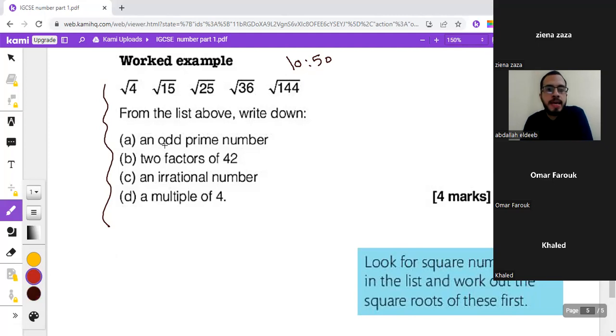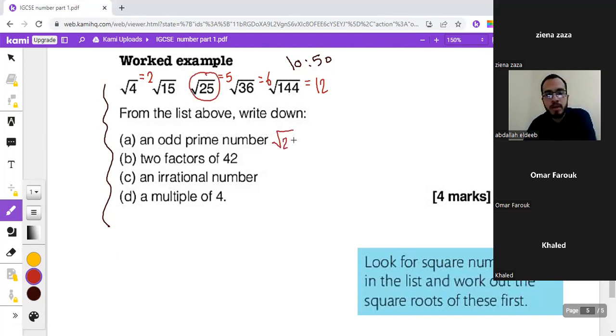Like here, guys, an odd prime number. You need first to find the answer. Here is 2. Here is 5. Here is 6. Here is 12. So, an odd prime number is root 25.